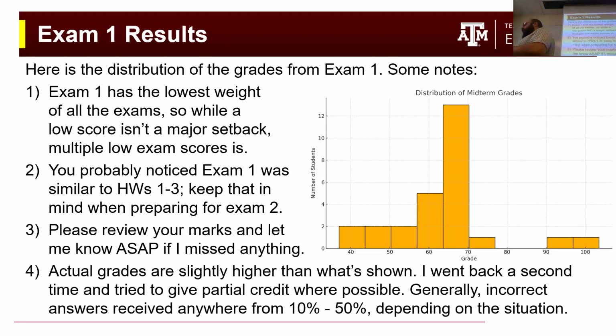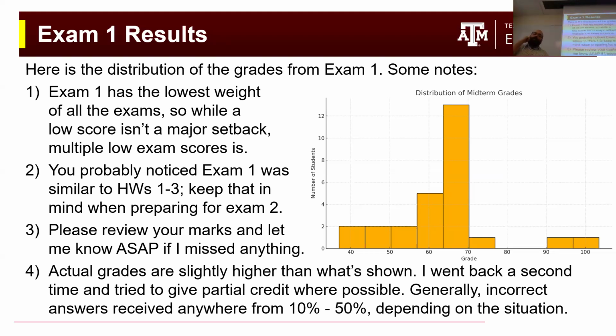Generally, if answers were incorrect, I tried to give partial credit for things that were partly right about the answer. Depending on how much of the correct answer was there, I would give anywhere from 10 to 50% on answers that were wrong. Some people lost points because they had the right answer, but it was a calculations problem where they didn't show work.